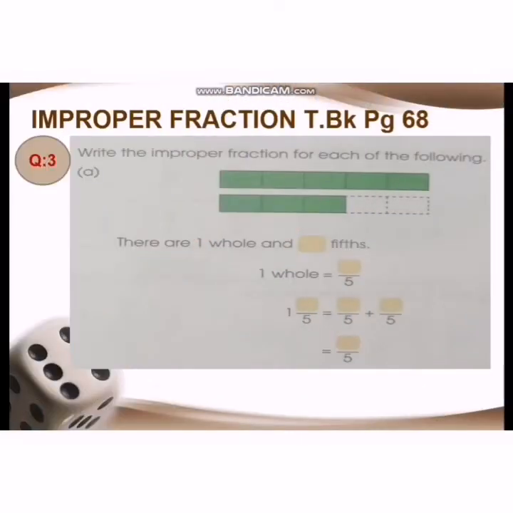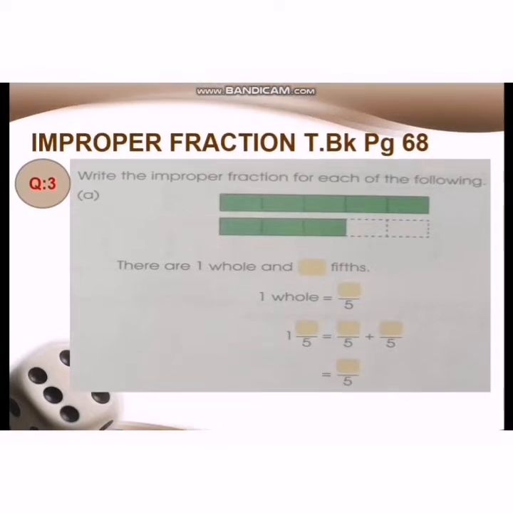Let's have another example from our textbook, page number 68. Question number 3. Write the improper fraction for each of the following. We have 2 figures here. In the first figure, we have 5 parts shaded. And in the second figure, we have 3 parts shaded.